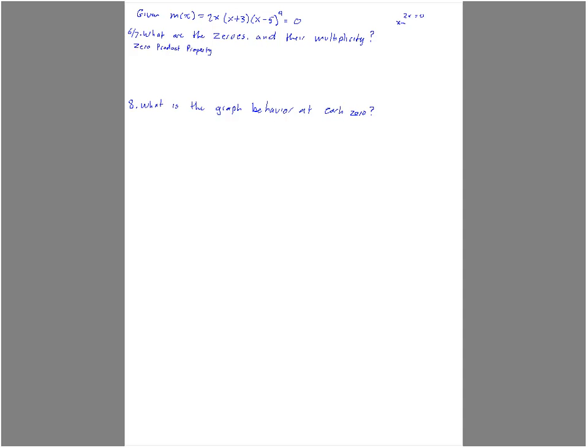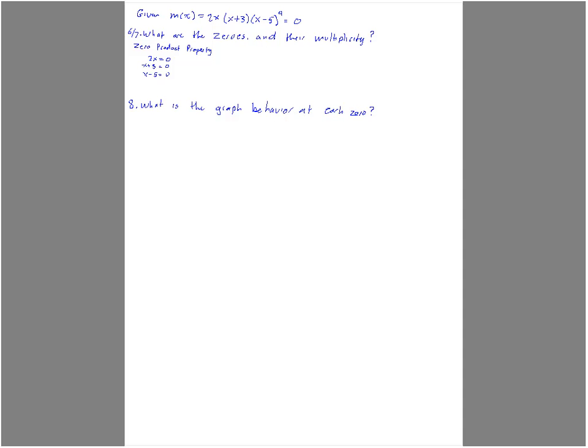So I'm actually going to go ahead and do that over here, I can't erase that far. So 2x is equal to 0. X plus 3 is also equal to 0. Or find where that's equal to 0. And find where that's equal to 0.